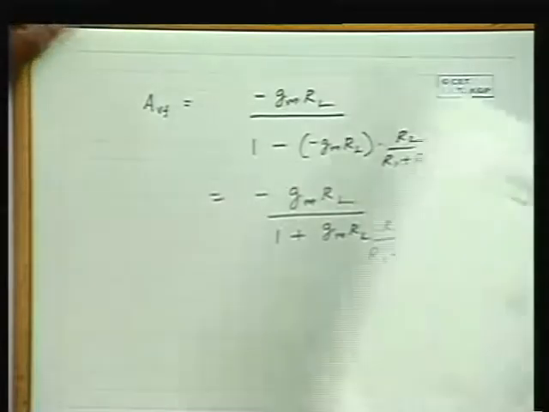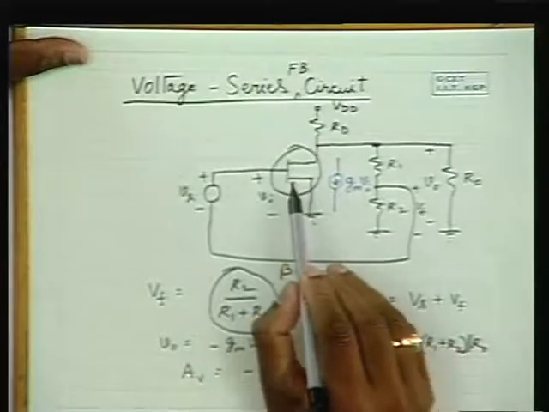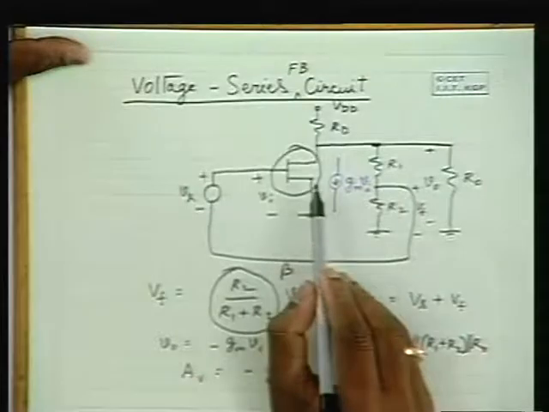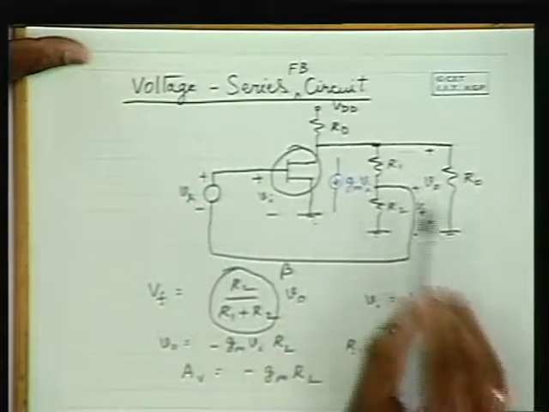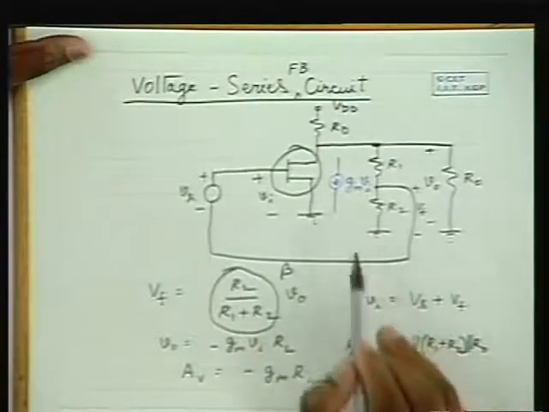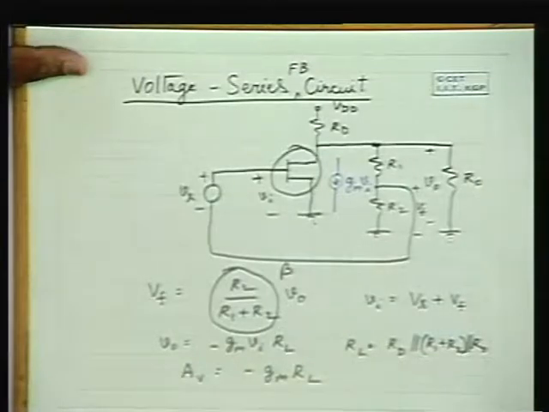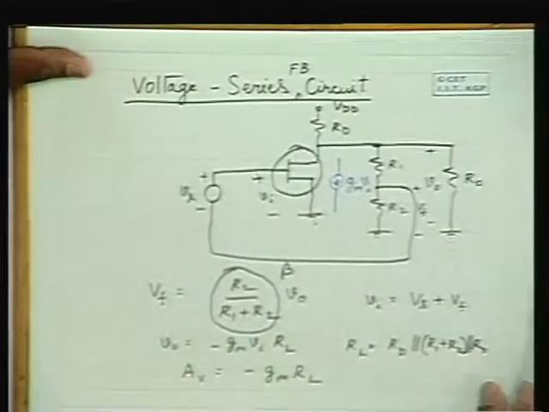And please note that this can be analyzed by simply substituting the equivalent circuit of the amplifier here and analyzing the whole circuit, including the feedback, by directly applying Kirchhoff's voltage and current laws. You will get the same expression. So by applying the principles of feedback amplifiers, we are reducing the analysis, and we got the output like this.